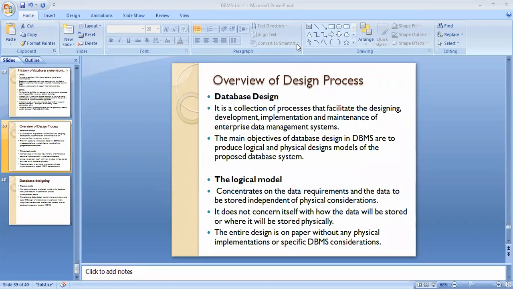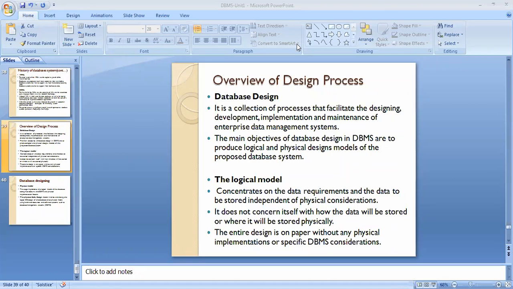Designing, implementation, as well as maintenance or administration: these are the three points that come under the life cycle of a database. So first one is the database design. It is a collection of processes that facilitate the designing, development, implementation and maintenance of the enterprise data management system.